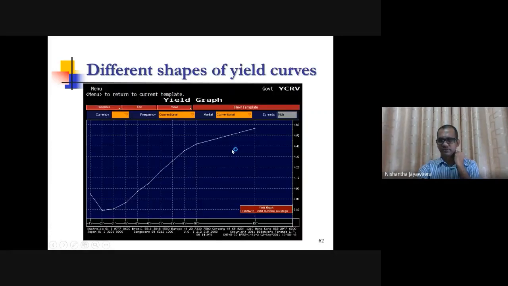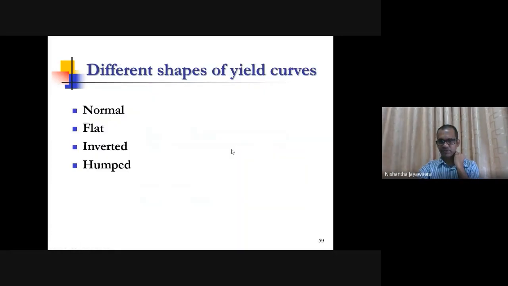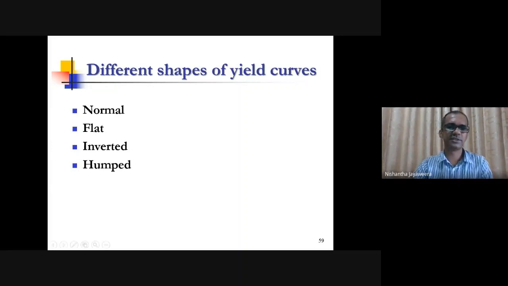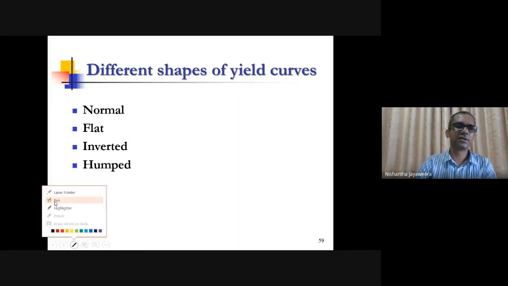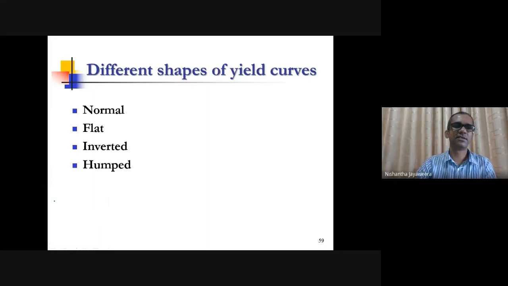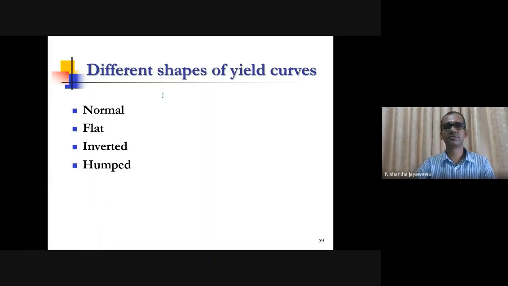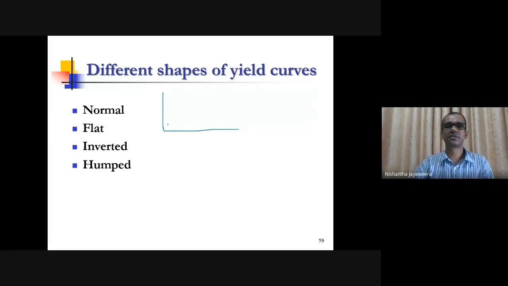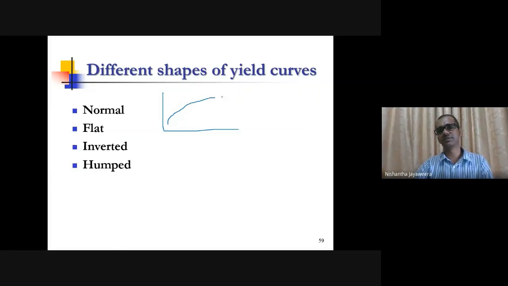So if I draw different yield curves here, simply, in a normal yield curve, what we expect is a curve like this, increasing.